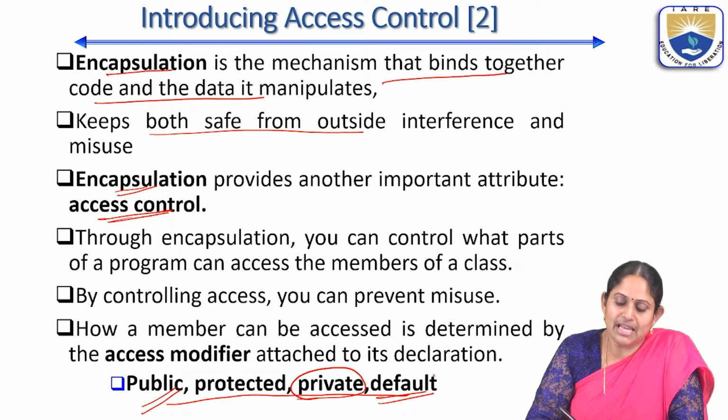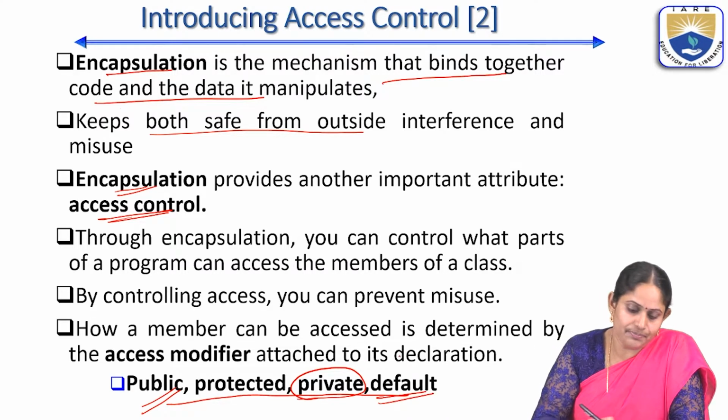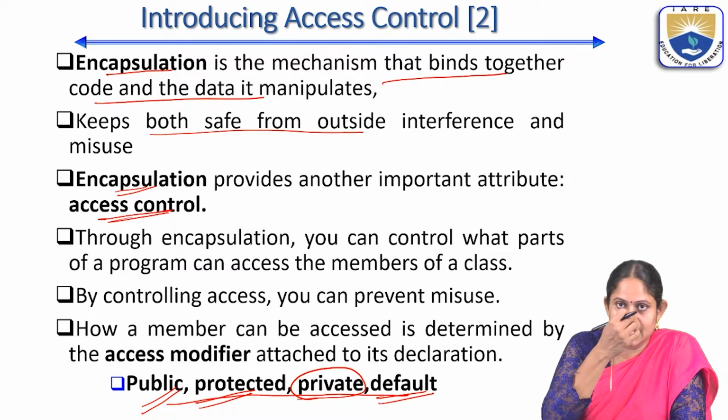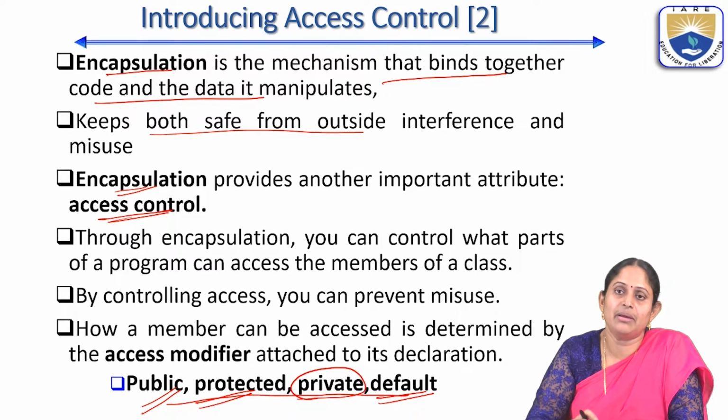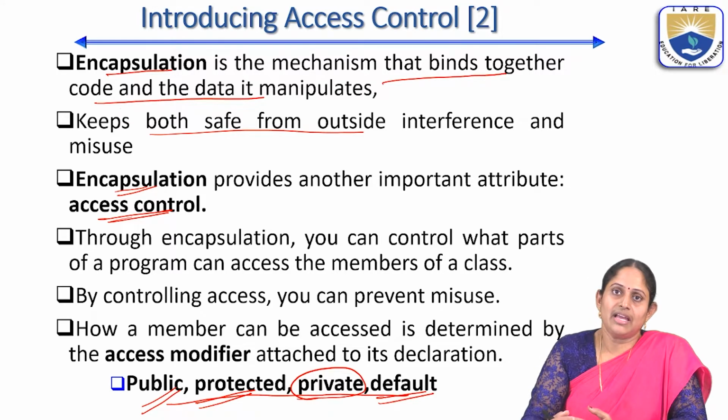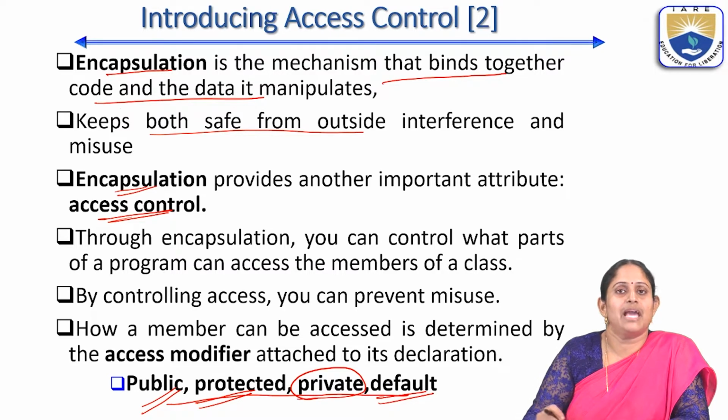A default member can be accessed within the package, and the protected member can be accessed by its subclass. If we declare any member as protected, and we have a class which is derived from that given class, then all those protected members can be accessed by the child class.